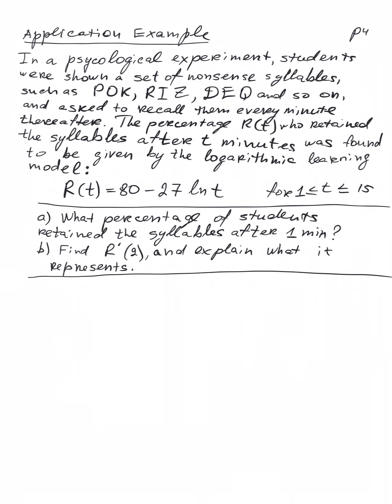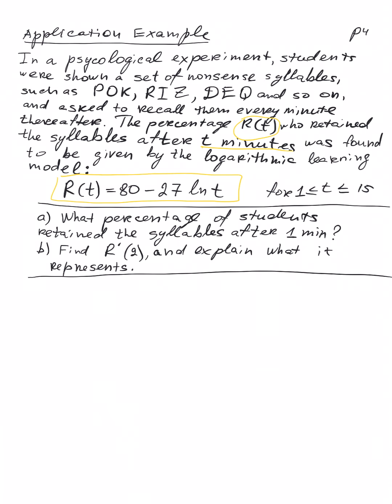The percentage R of T who retain the syllables after T minutes was found to be given by the logarithmic learning model. So T stands for number of minutes. R of T is the name of the function, representing the percentage who retain the syllables after a certain amount of minutes.